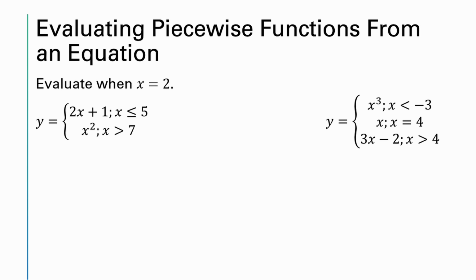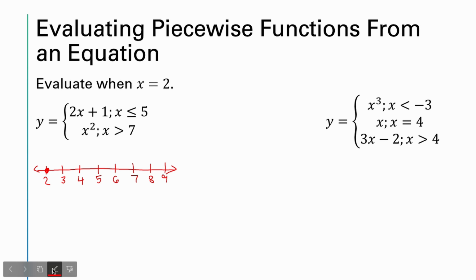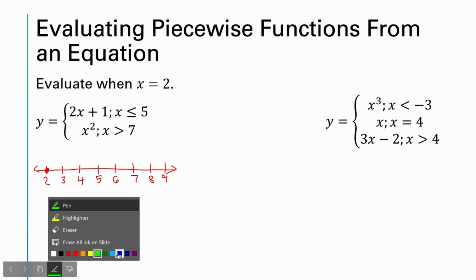Well, let's use a number line to find out. So I'm just going to draw this number line and label it. Alright, so I have the number line labeled, and our target is x is equal to 2, so that's here. And let me just do this in a different color. Let's take this one.